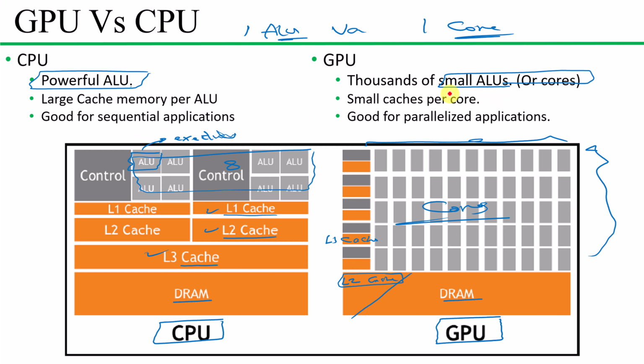Let's take an example to explain the term powerful in this case. When referring to a powerful ALU, we are speaking of attributes such as speed. For example, modern CPUs can operate at frequencies reaching 3 or 4 GHz.